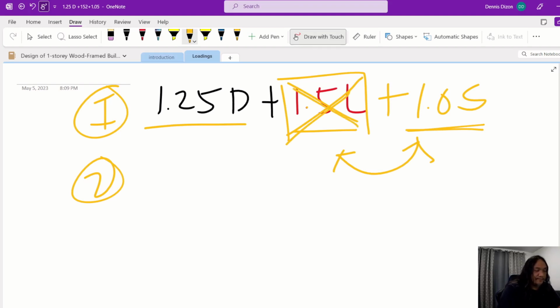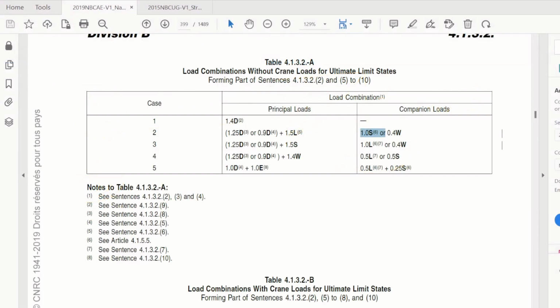And then case 2 would be 1.25 dead load, then plus 1.5 snow.